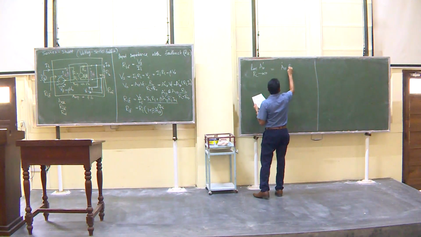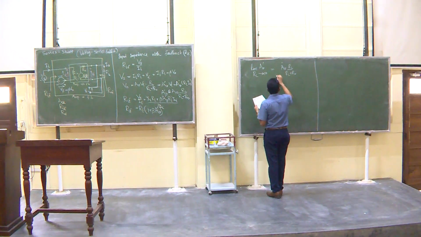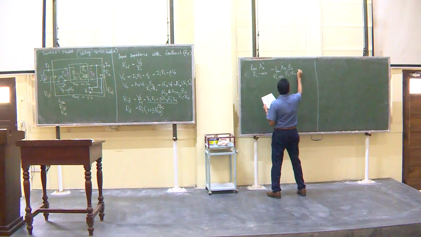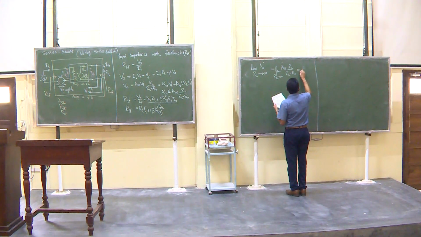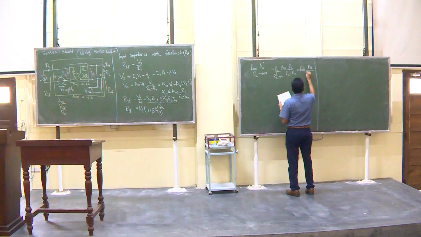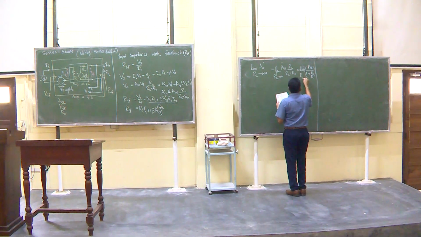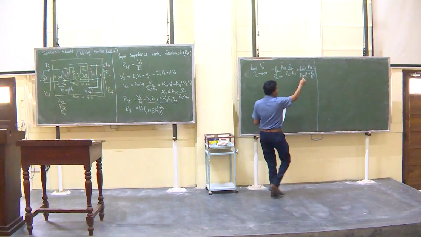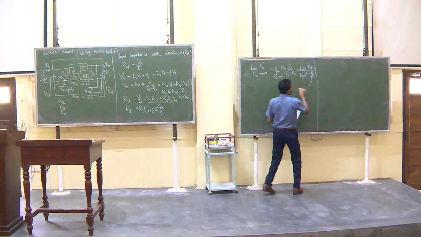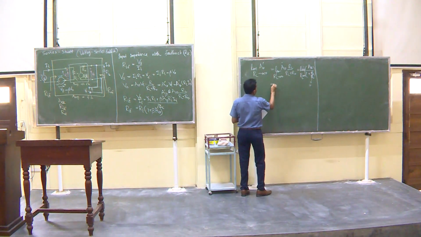AV RL over RL plus R out, which is AV over 1 plus R out over RL. As RL goes to infinity, that becomes 0 and this becomes AV.